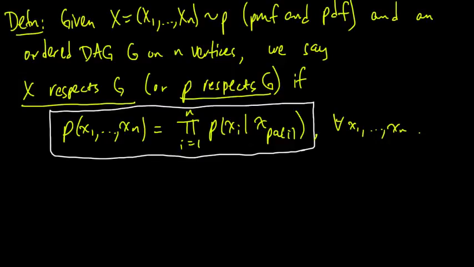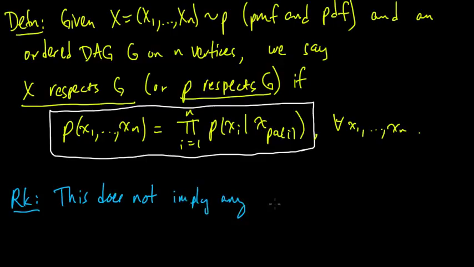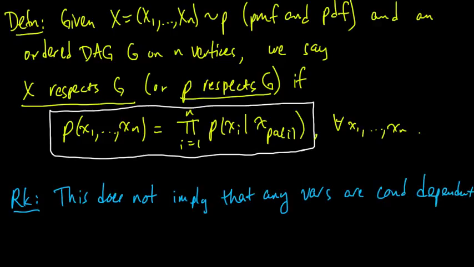And now let me make a very important remark, something which was confusing to me when I was first learning this. This does not imply that any particular random variables are conditionally dependent, or dependent in general.